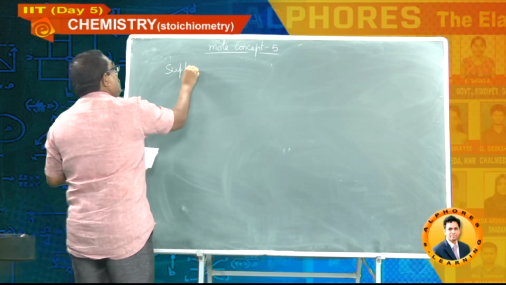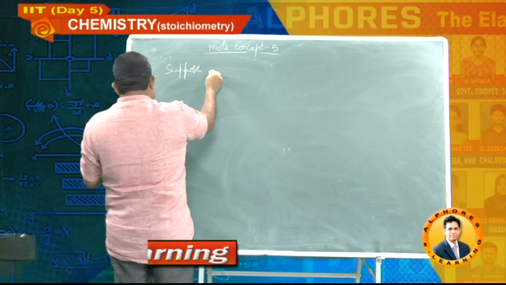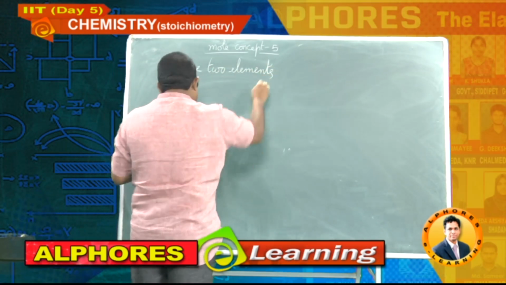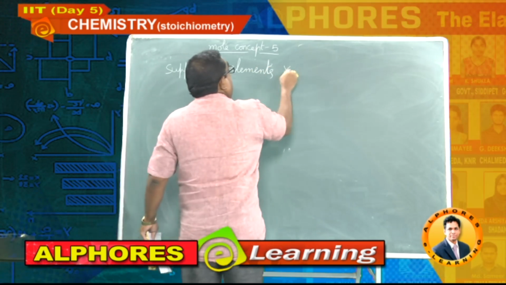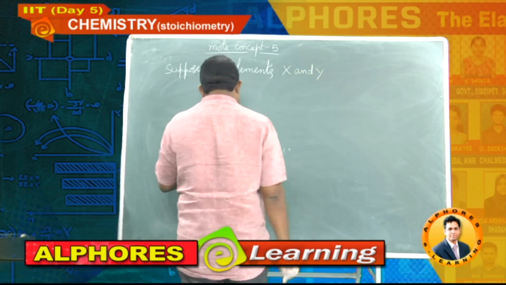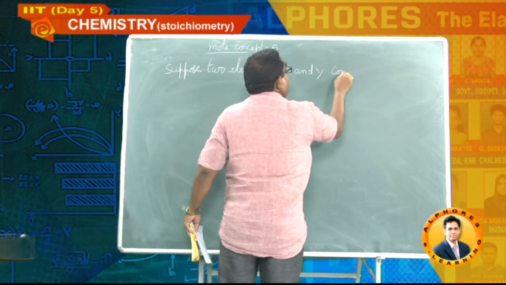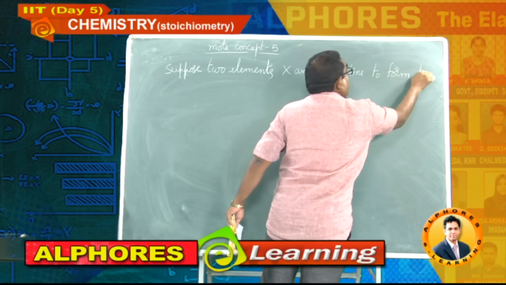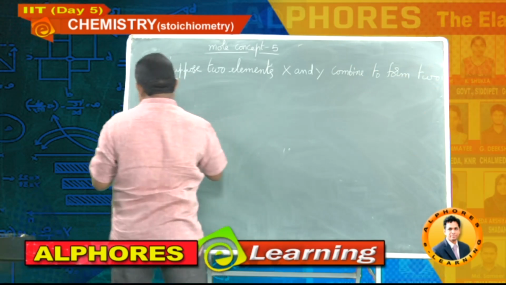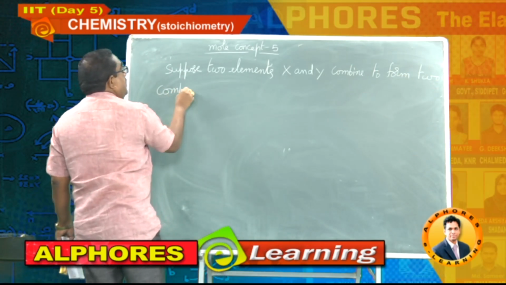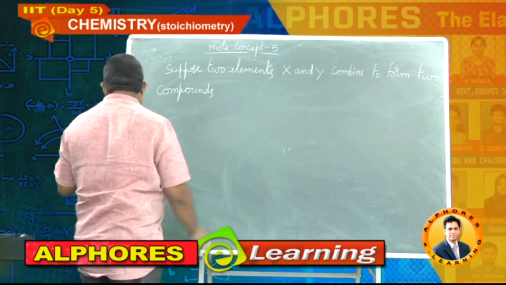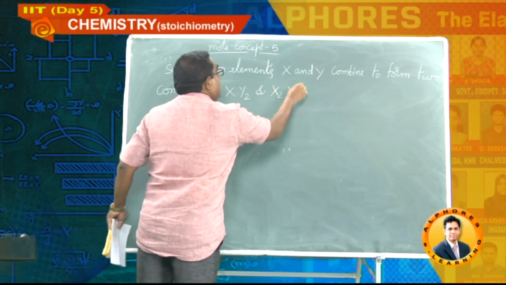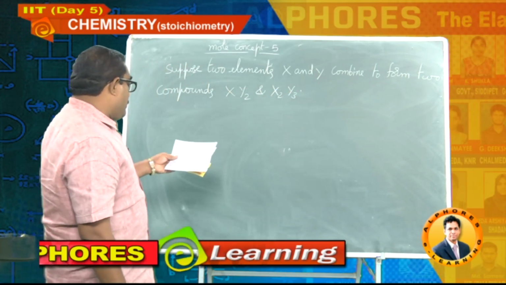Suppose two elements, write down students fast, two elements X and Y combine to form two compounds, XY2 and X2Y3.